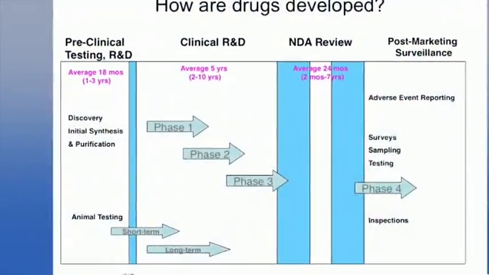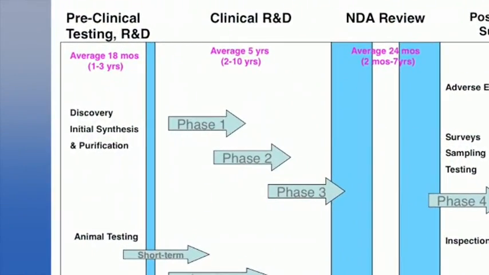There are 3 stages of testing: phase 1, phase 2, and phase 3. These 3 phases are focused on, first of all, trying to define pharmacokinetics, phase 1, pharmacodynamics, phase 2, and then the impact of the drug on clinical outcome.